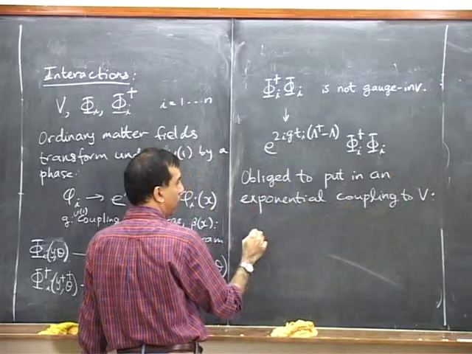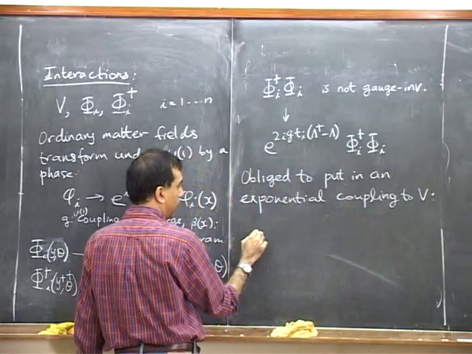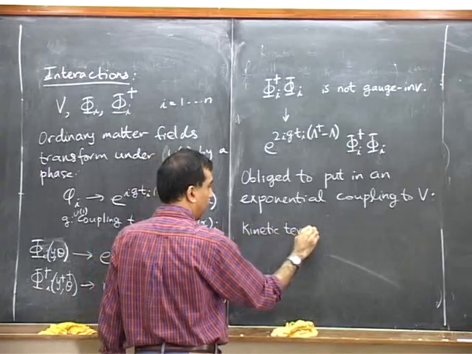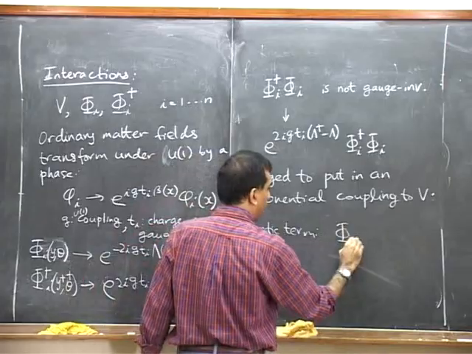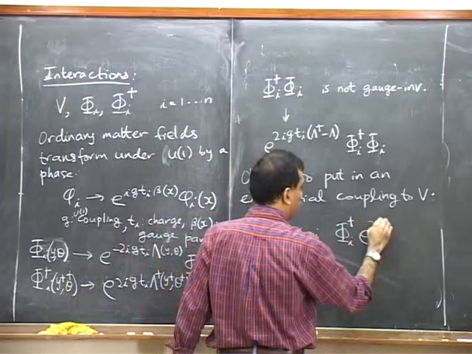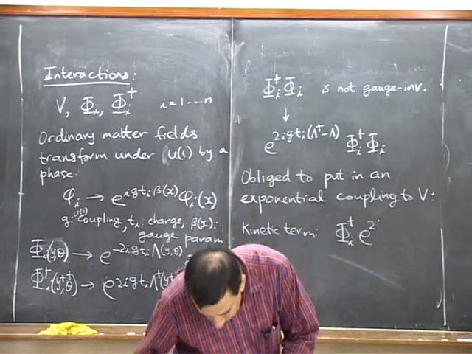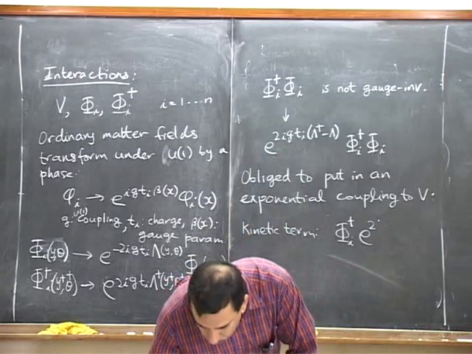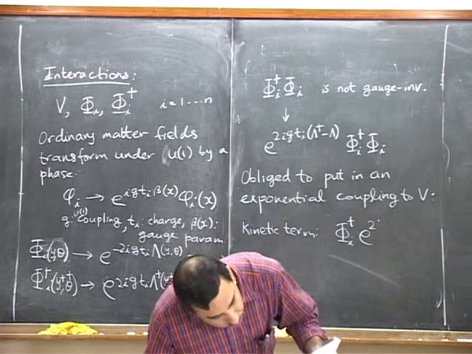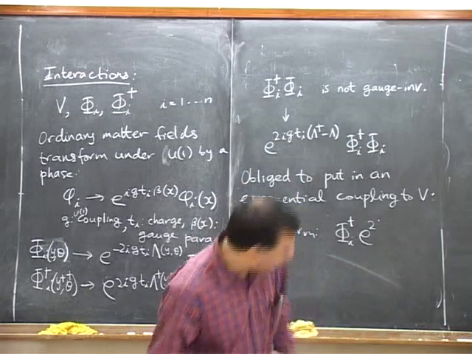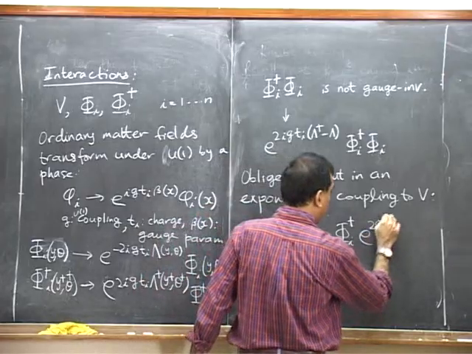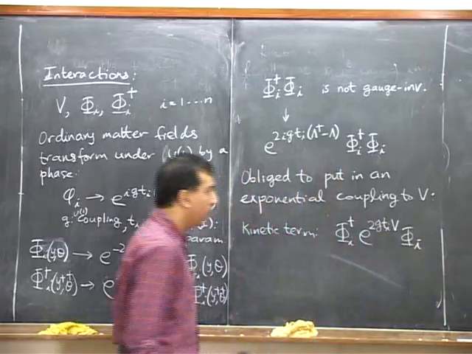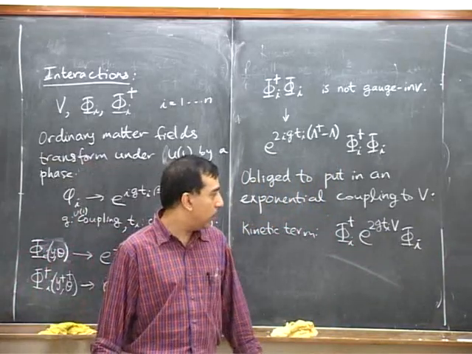And that is that the kinetic term is replaced by, and this is the analog of minimal coupling, phi I dagger e to the 2g t^I V phi. Writing this exponential in the middle is not strictly necessary.